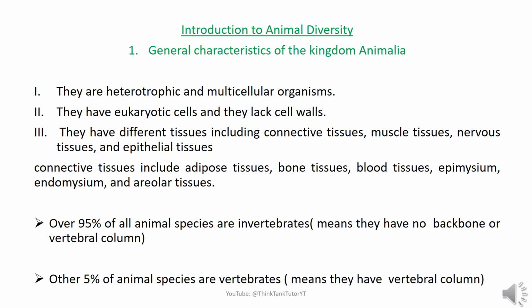Third, they have different tissues including connective tissues, muscle tissues, nerve tissues, and epithelial tissues. Connective tissues are used to support, to connect or bind tissues and organs together.